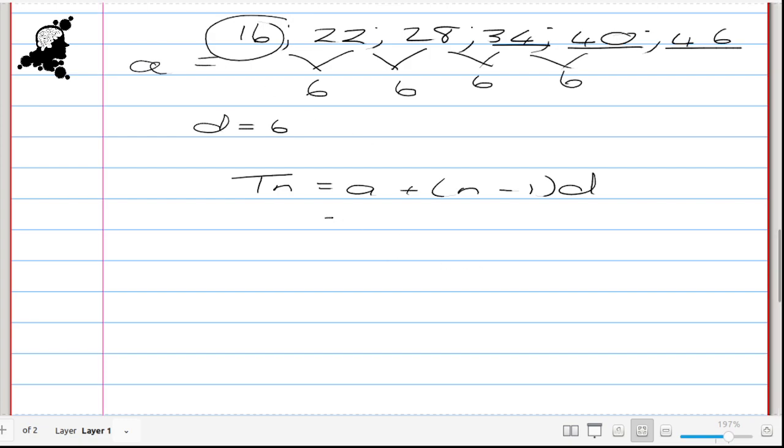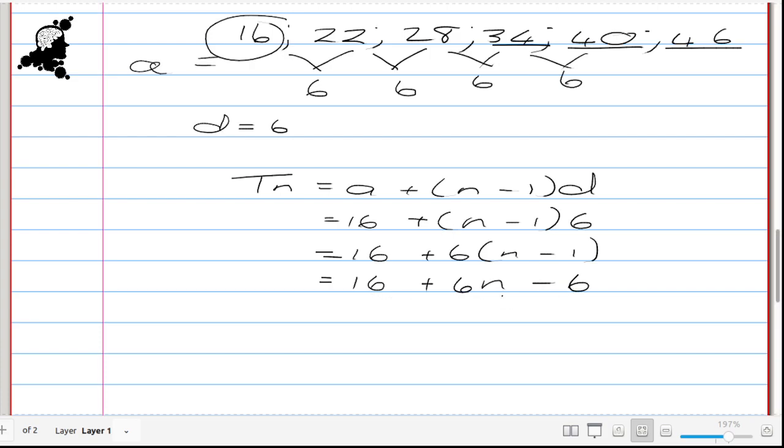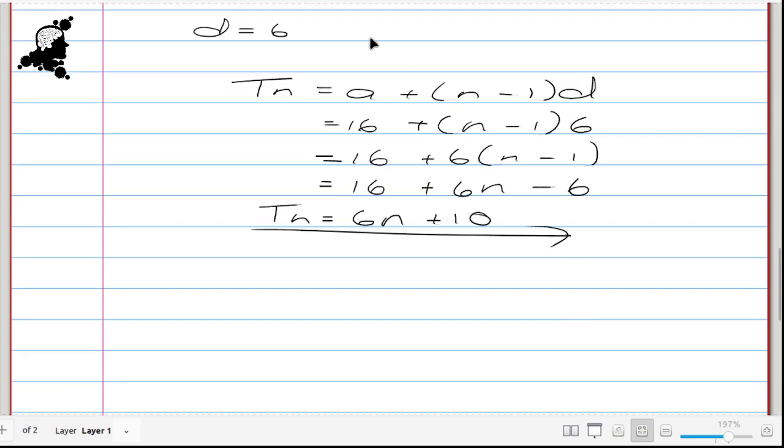So this is going to be 16 plus n minus 1 multiplied by 6. Once again, I always bring the coefficient to the front of the bracket so that it's easier for me to multiply out. This is going to be 16 plus 6n minus 6. 16 minus 6 gives us 10. So I've got 6n plus 10. This is my general term. This is my nth term. I am done. Wonderful. Let's look at the next question.